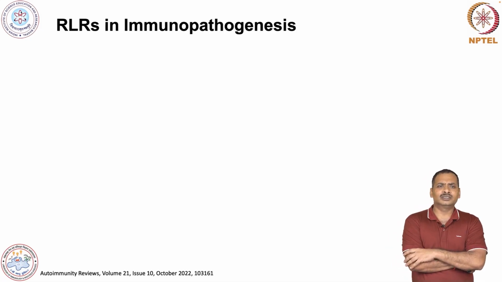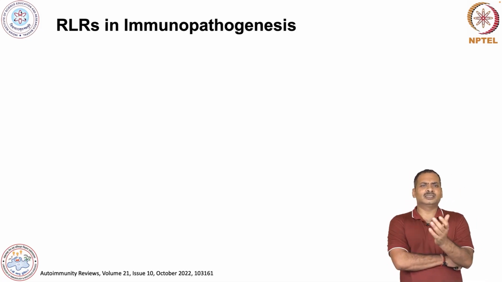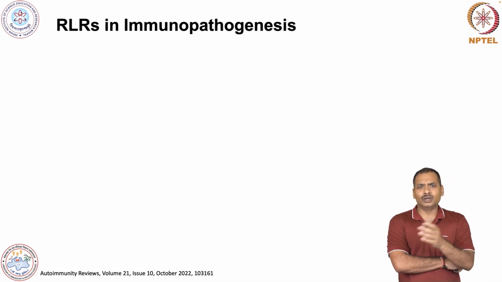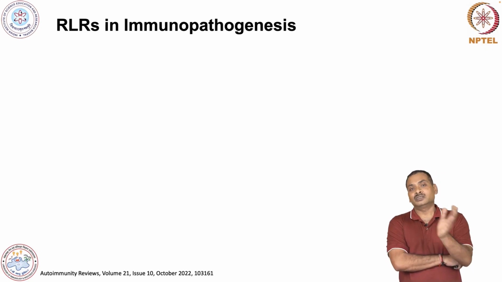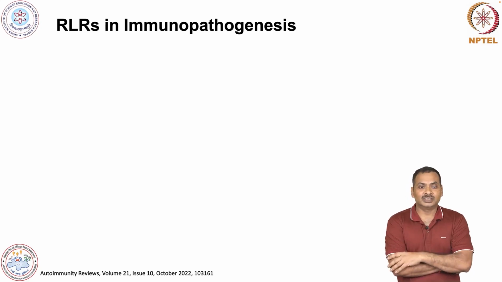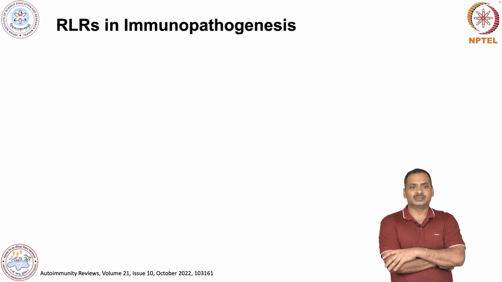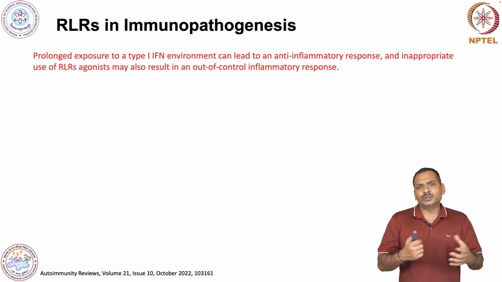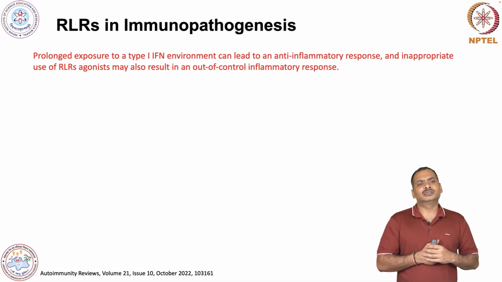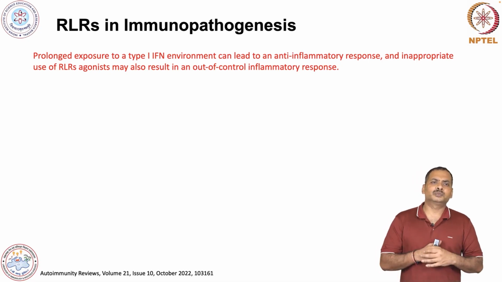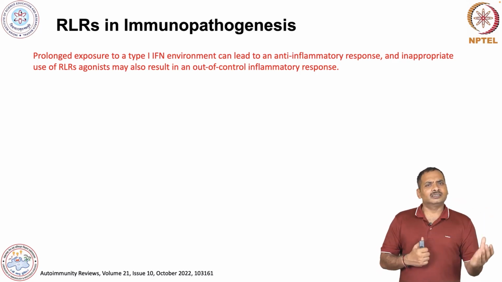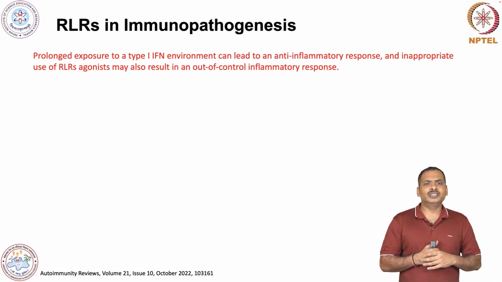Now, I will also tell you that some changes in RLR, or some molecules involved in the RLR signaling pathway, result in the development of disease, and we call it immunopathogenesis, okay. So, as I told you previously, if an individual is prolonged exposed to RLR ligand, that results in the production of type 1 interferon.